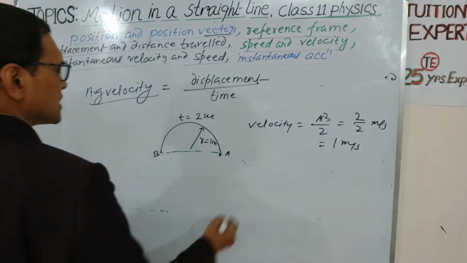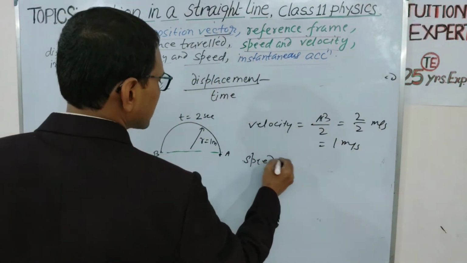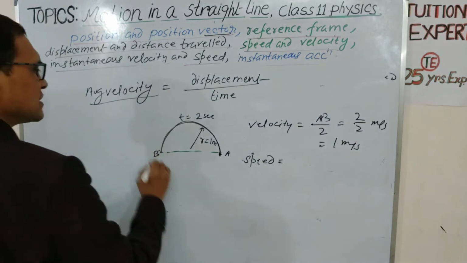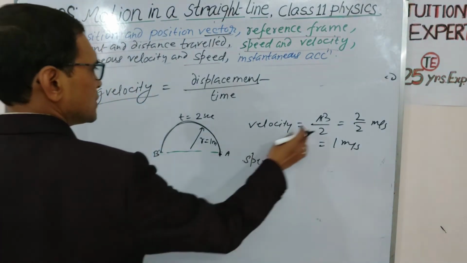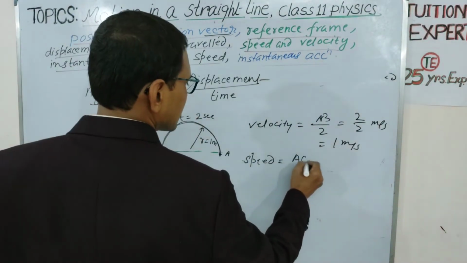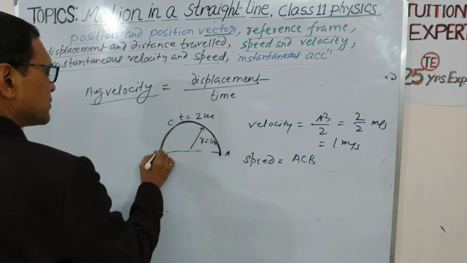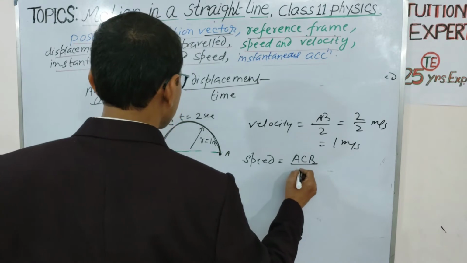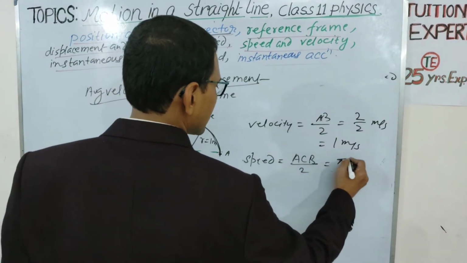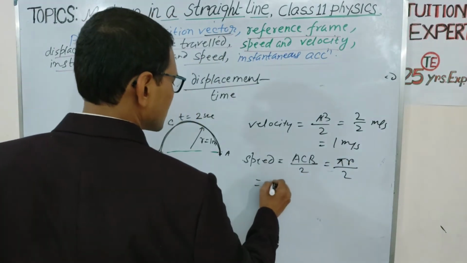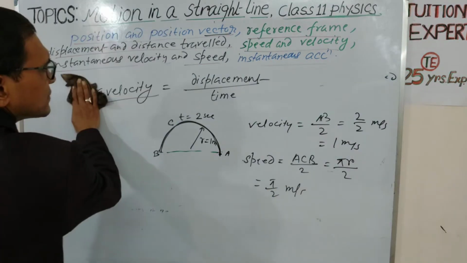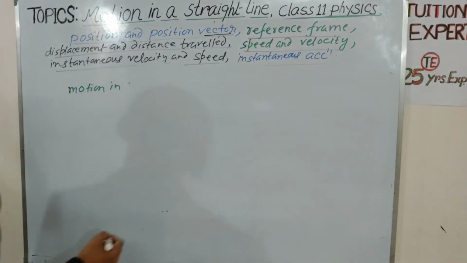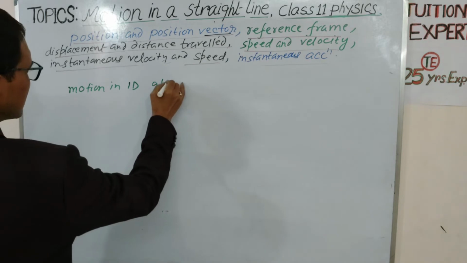This is the velocity, and speed will be the path. Path means A to B, here along ACB via C. So ACB divided by the time taken, 2 seconds, where ACB means pi r.